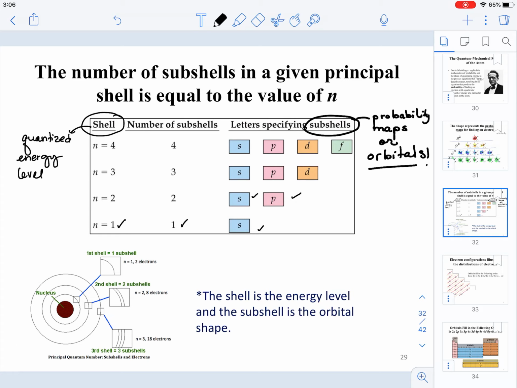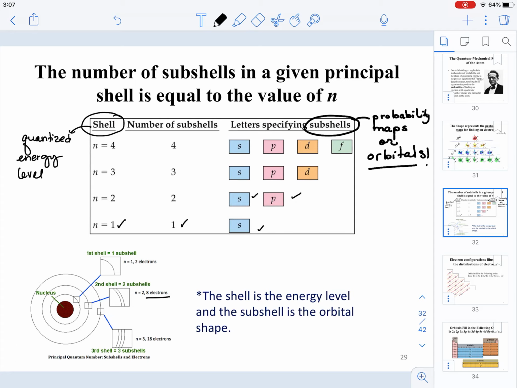In the textbook, they mention specifically the electrons that live in a particular shell, and they just tell you the total number of electrons in it, because they are taking the subshells into account.